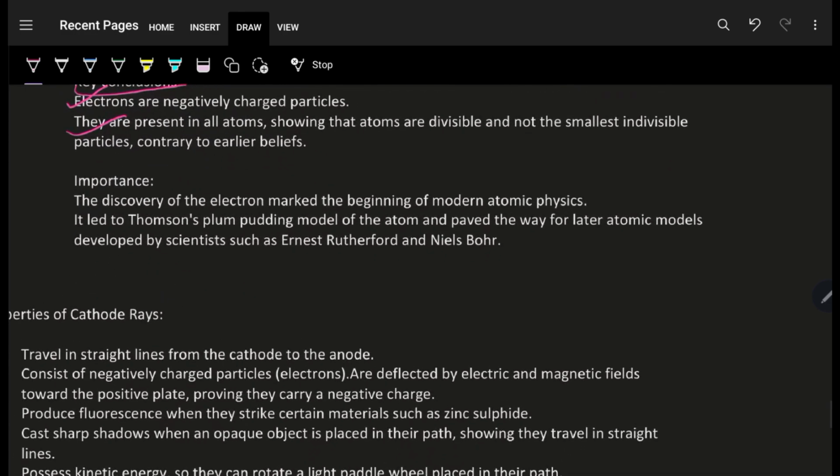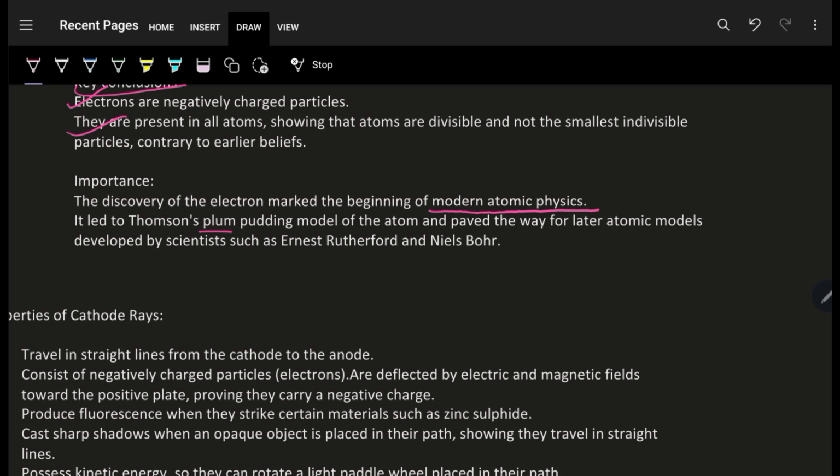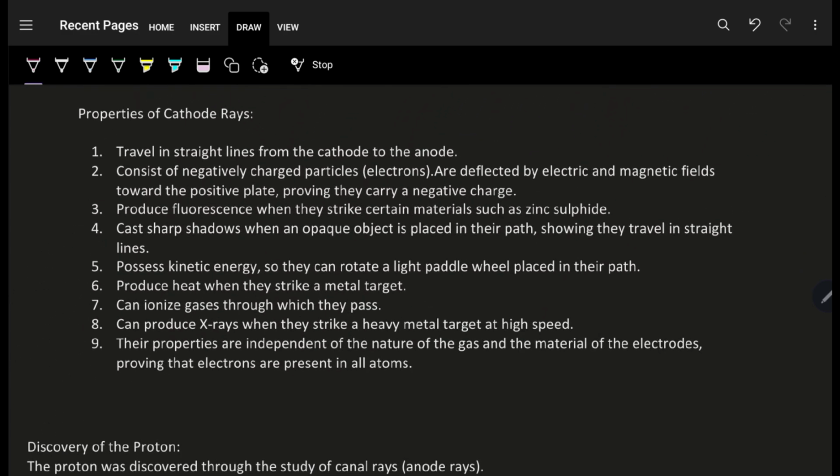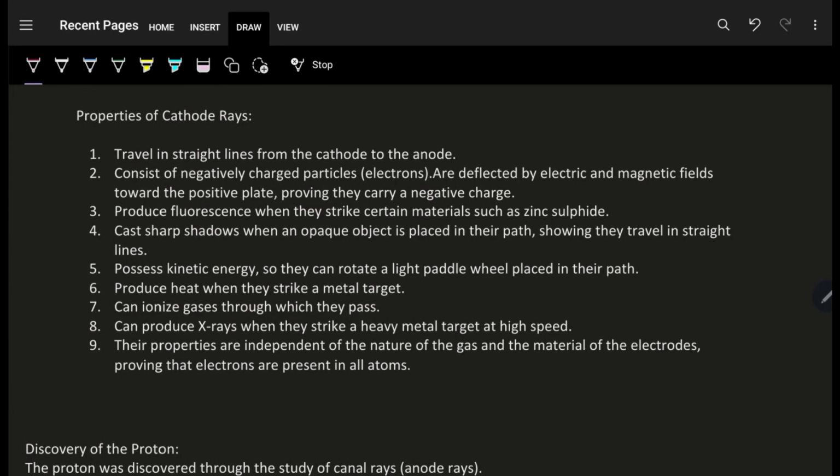So the importance of the discovery of electron is that it has marked the beginning of modern atomic physics. And this led to the model that was given by Thomson, which is the plum pudding model of the atom. And it paved the path to different atomic models, which we will discuss in the next video.